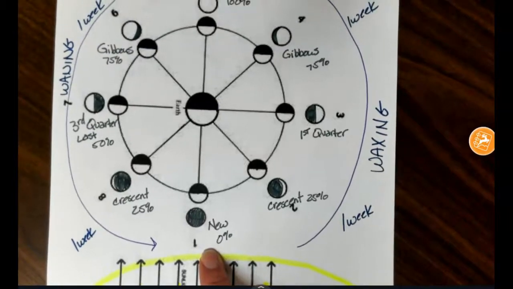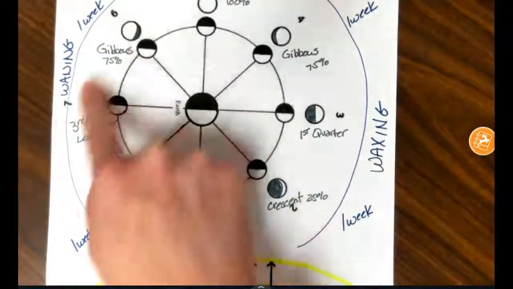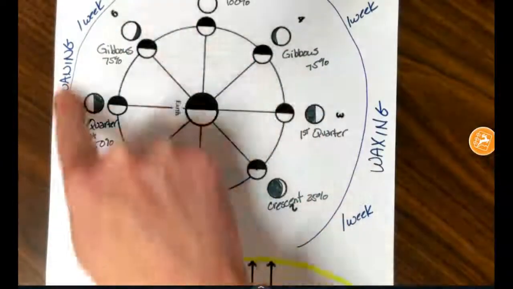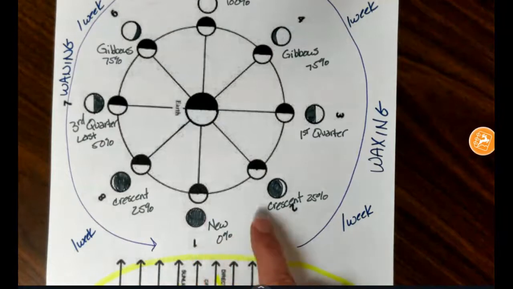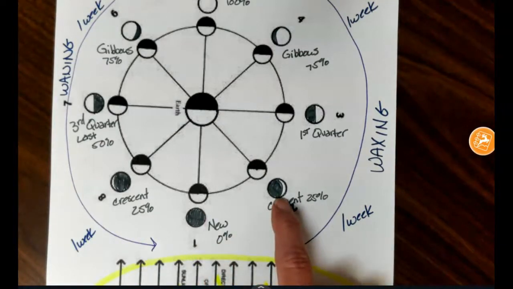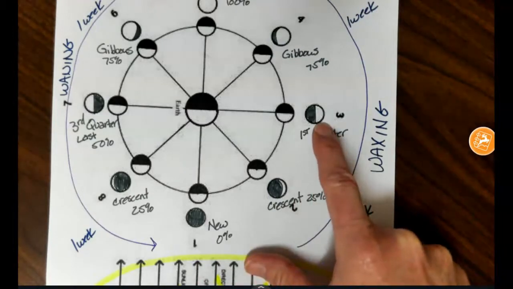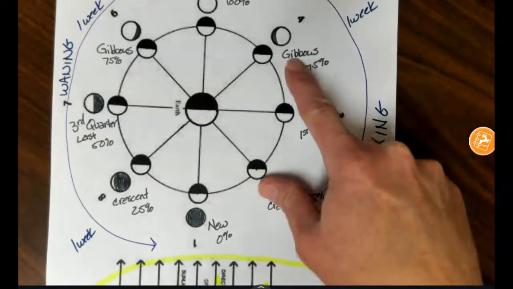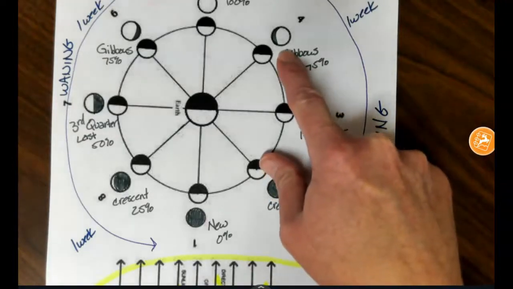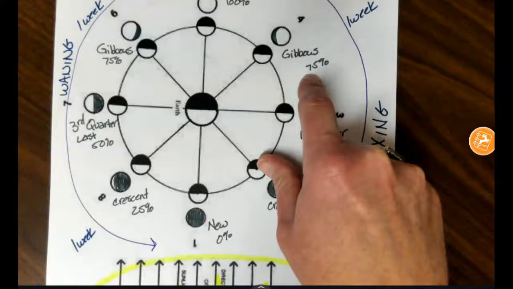Now the revolution is in a counterclockwise direction, just like other objects in space. So we're going to go in a counterclockwise direction. So after a new moon, we start to see a little bit of light on the right. So we are at a crescent. We get more light on the right, where we're at about 50% illumination. We're at a first quarter. More light till it's almost illuminated. We say about 75%. You're at a gibbous.